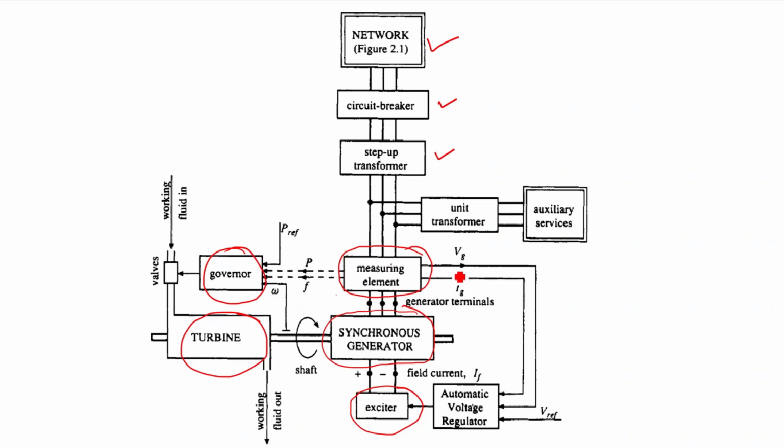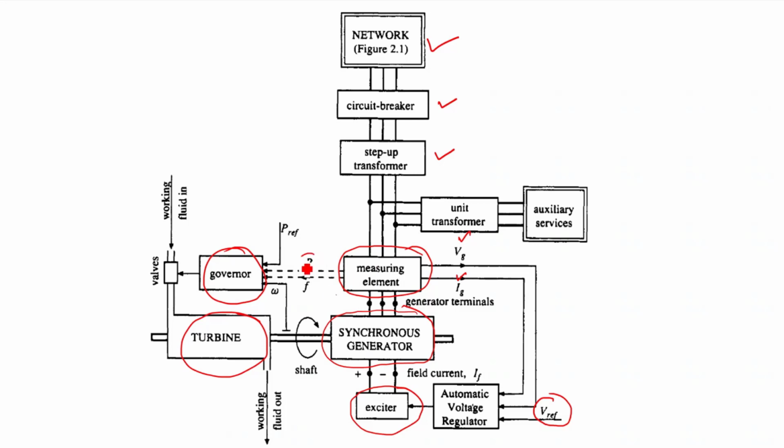Here VG and IG, the voltage and current at the terminal, are measured and fed back to the automatic voltage regulator. Of course, we have a V reference here. Through the AVR, the feedback signal is given to the exciter, and accordingly the exciter feeds the field of the synchronous generator.